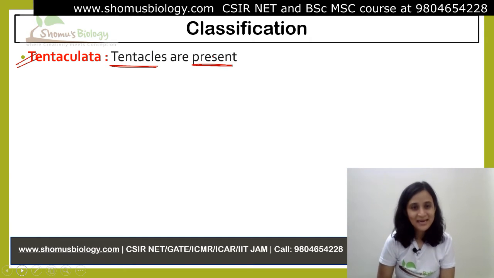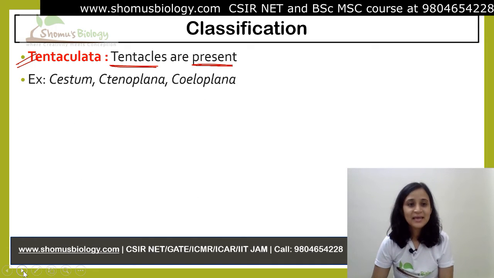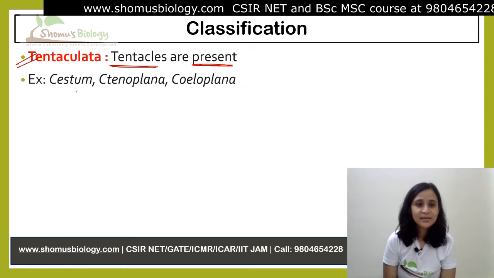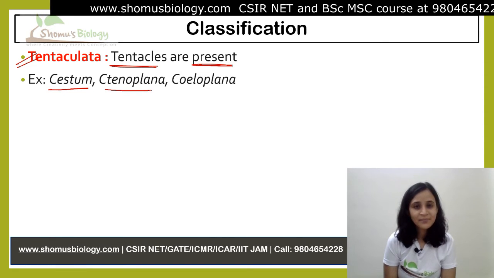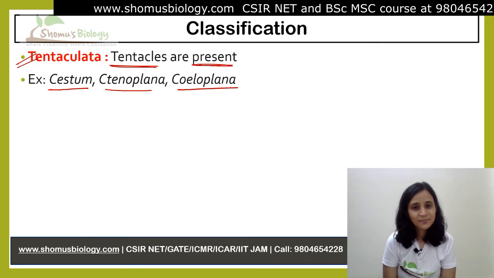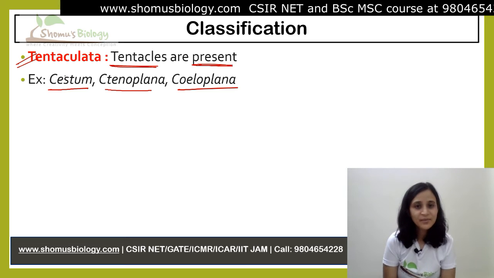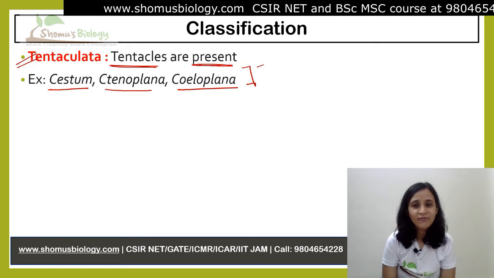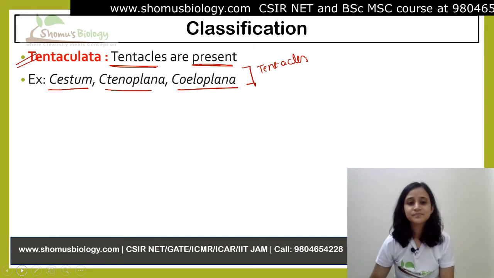So in their body, tentacles are present. Examples are Cestum, Ctenoplana, Coeloplana. These are some examples of Tentaculata, and they all have tentacles.